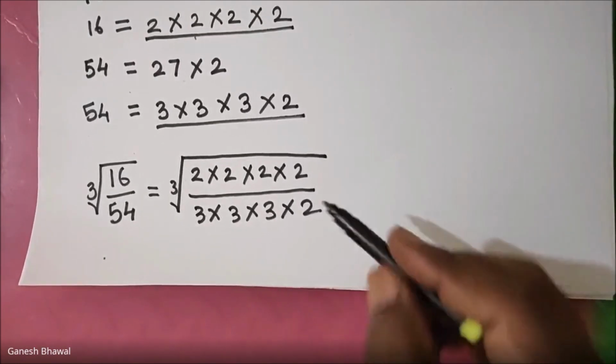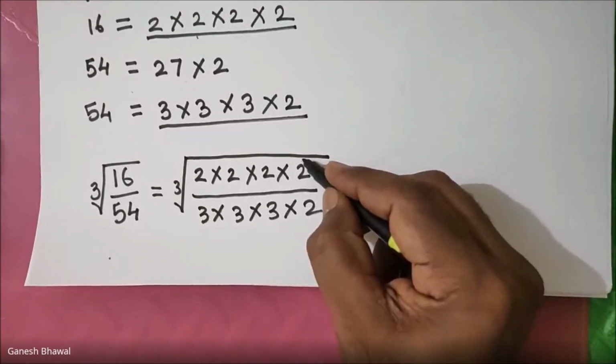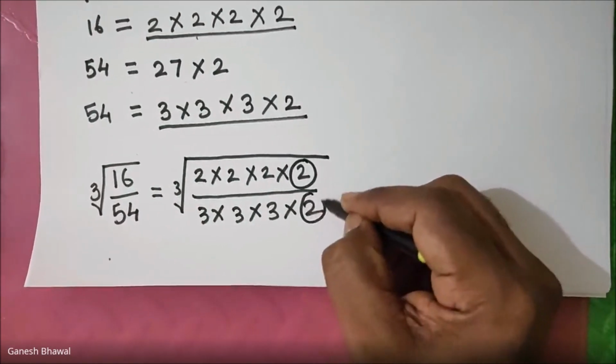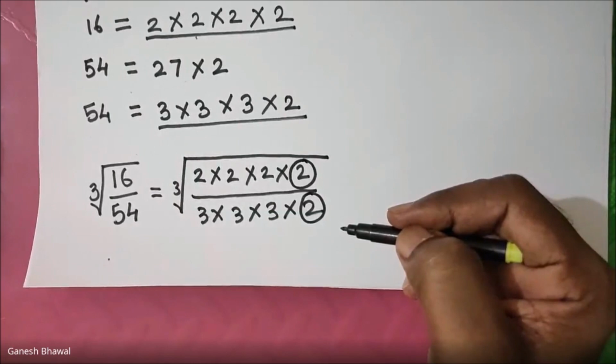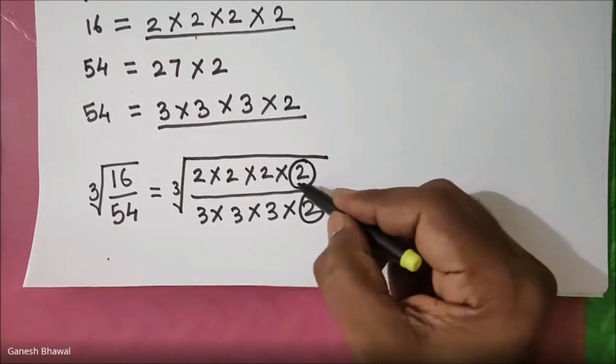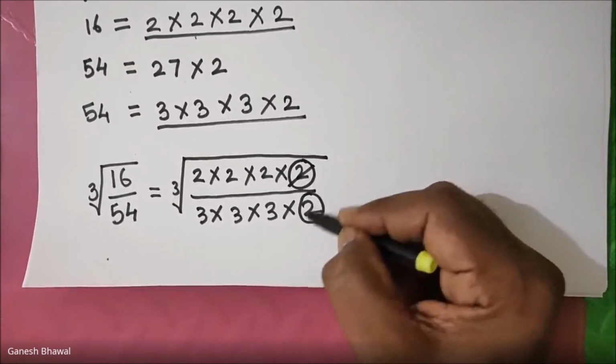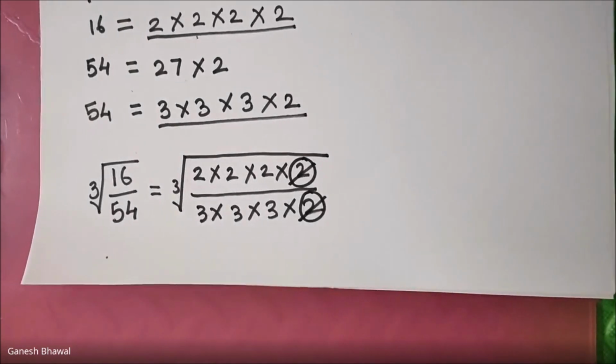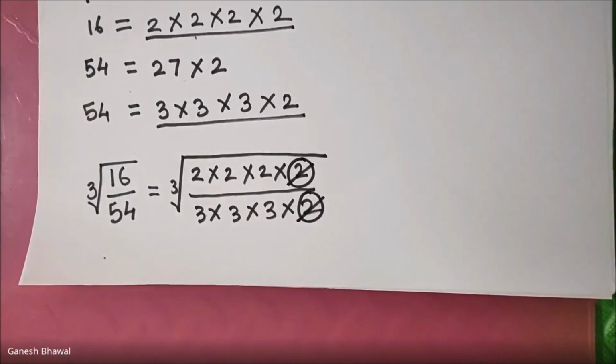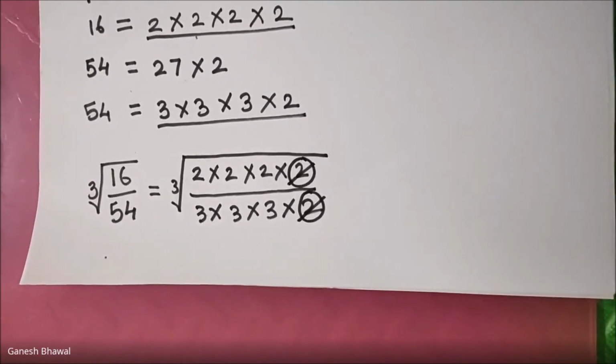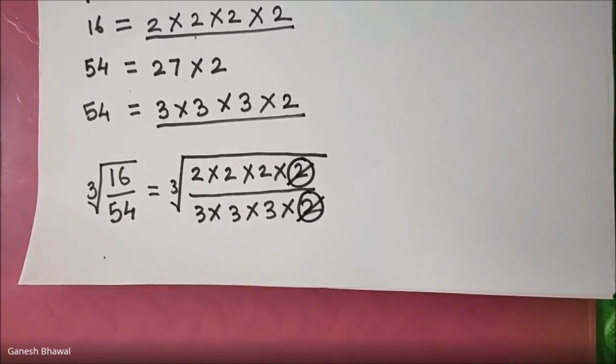Take your pencil, circle this 2 and cut it. As we can do this simplification, it is called reduction of the fraction.